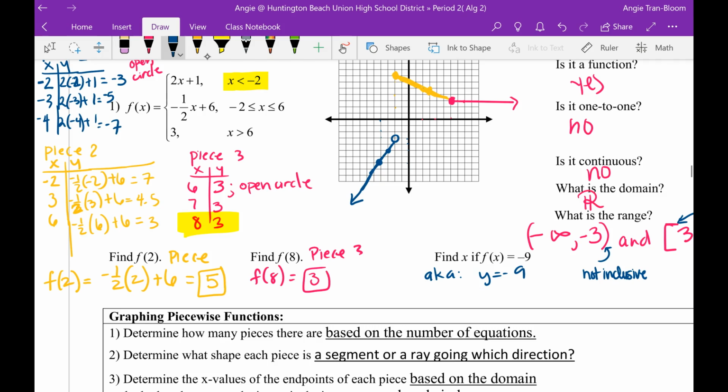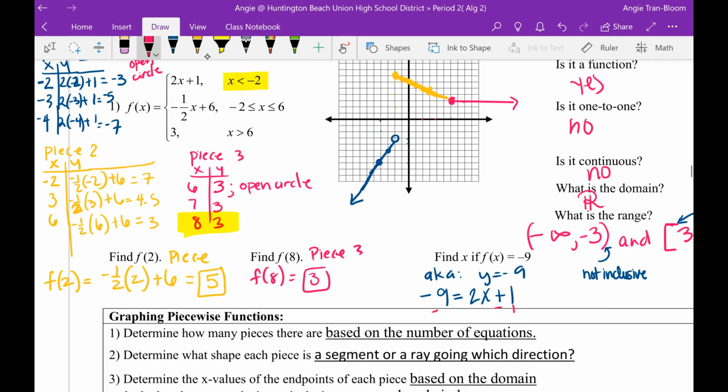Does piece 1 have negative 9? Yeah, it's right here. I just have to tell you where that is for x. So what do we do in that case? Do we plug in negative 9 for x or y? Y. So negative 9 equals 2x plus 1. Let's solve for x. Joe, what's the first step?